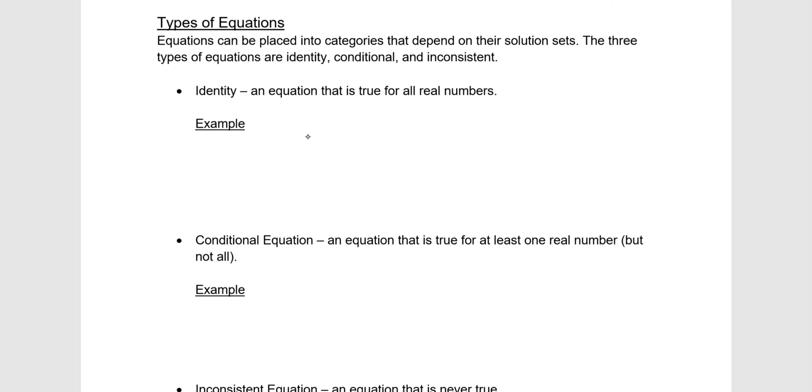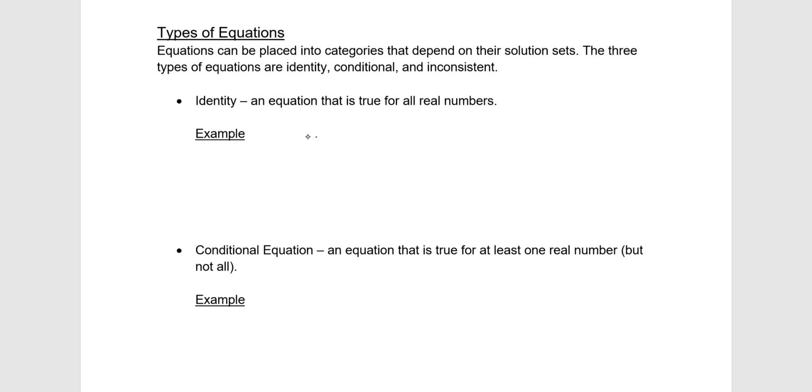For example, something like x plus 3 equals x plus 2 plus 1. If we tried to solve this for x, combining like terms on the right, we would get x plus 3 equals x plus 3. If we subtract x and subtract 3 on both sides, we get 0 equals 0, because clearly both sides of the equation are exactly the same.